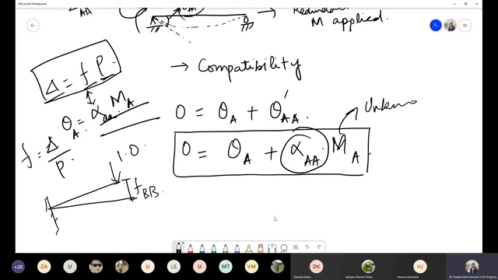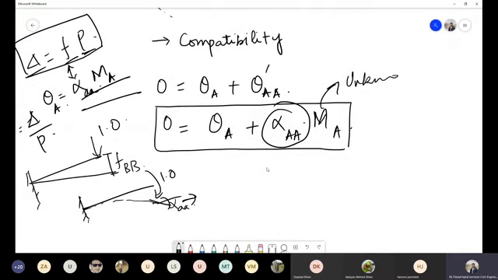And in the case of angular flexibility, it will be the rotation when a unit moment is applied on this beam. This rotation will be equal to the angular flexibility.